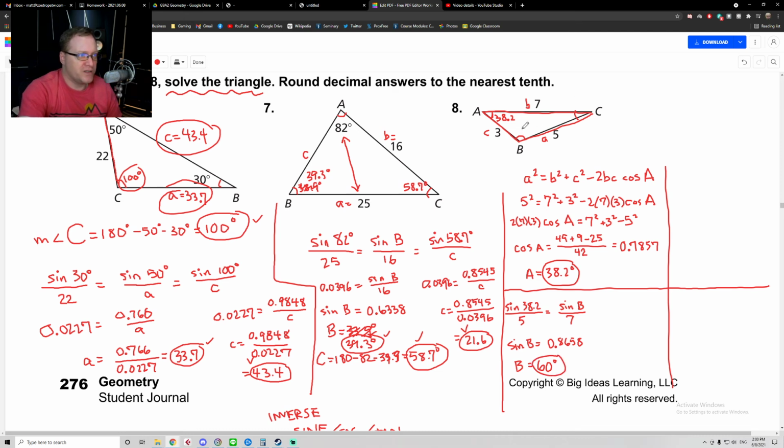All right, so we know that this is 60. Wait, that cannot be right. That is not 60 degrees, right? No, it can't be 60 degrees. Where did I mess up?